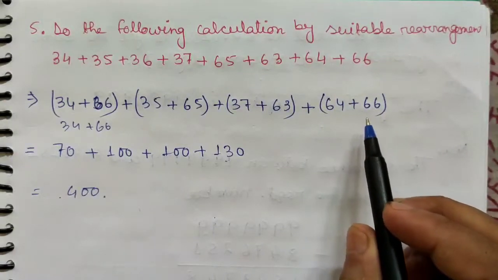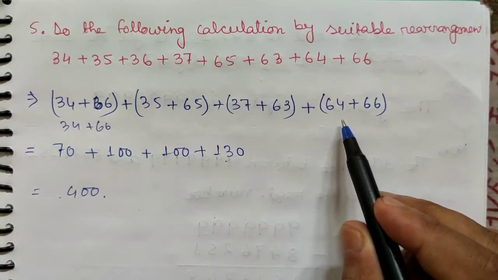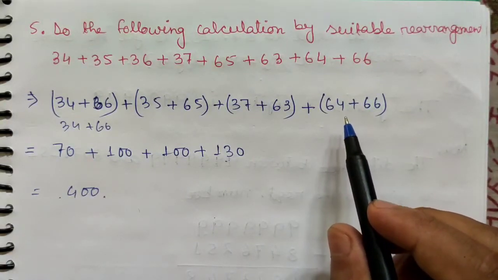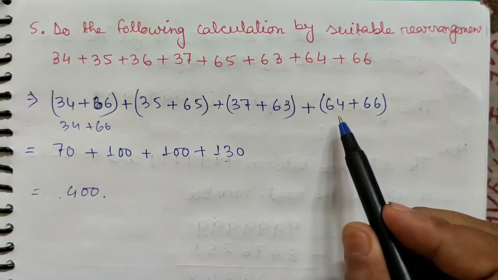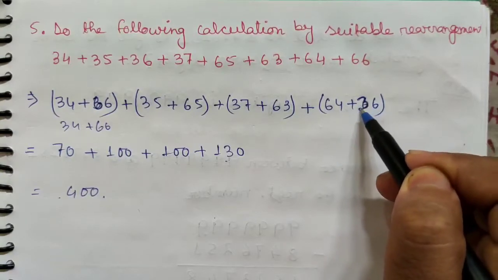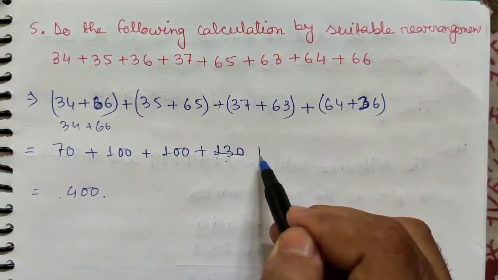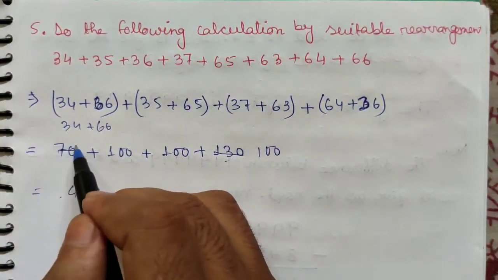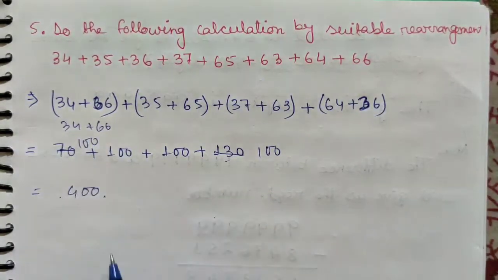And here 64 plus 36, okay, 36. So it will be 100, and this will also be 100. That means 100 plus 100 plus 100 plus 100 is how much? 400, right?